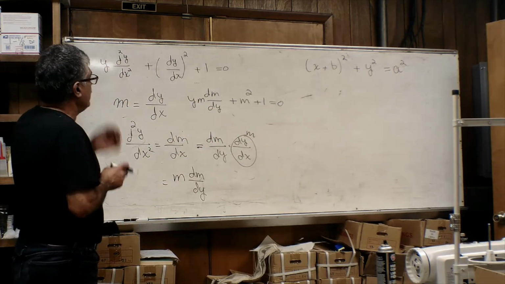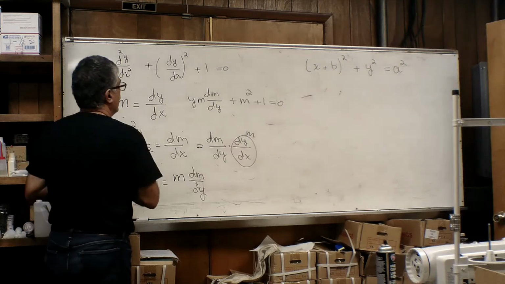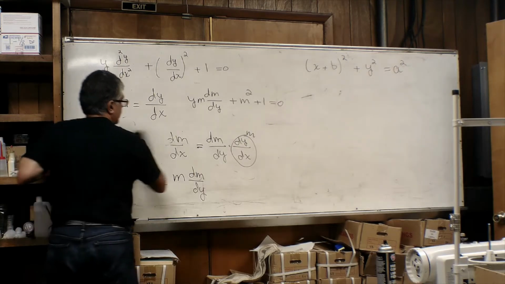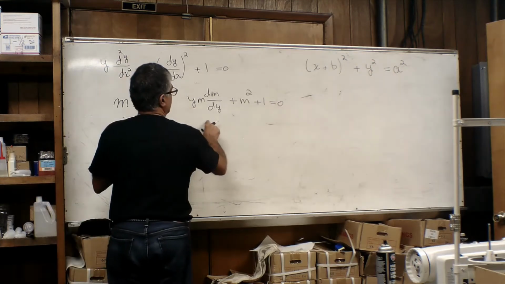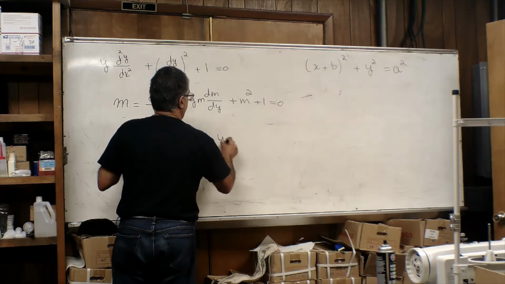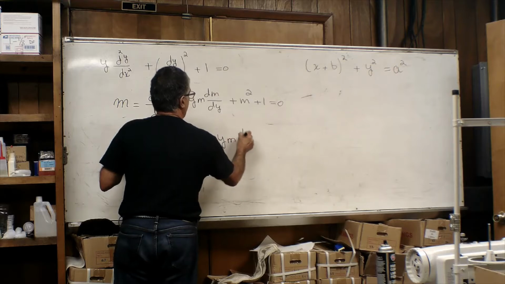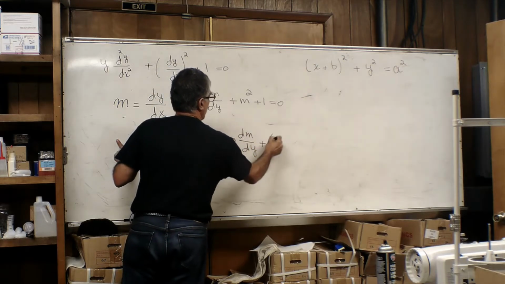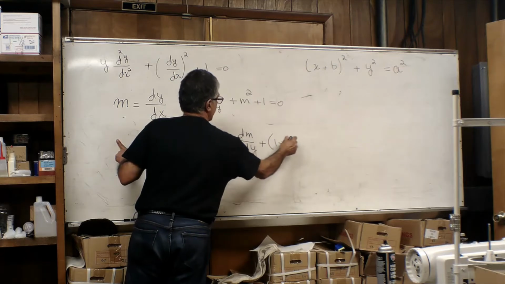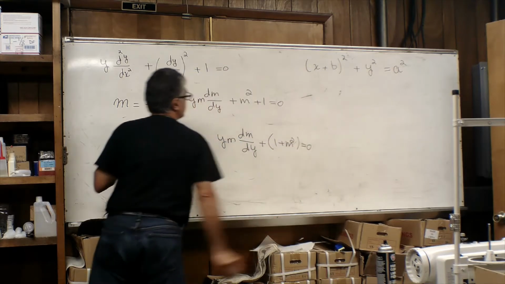So let's write this equation as y m dm over dy plus 1 plus m squared equal to 0.